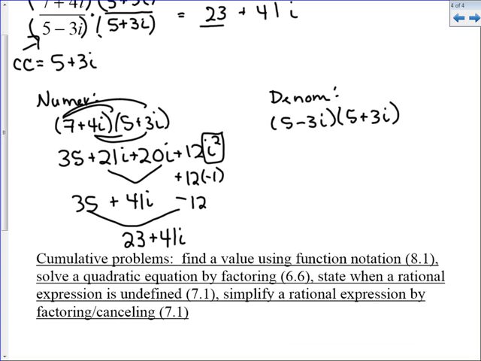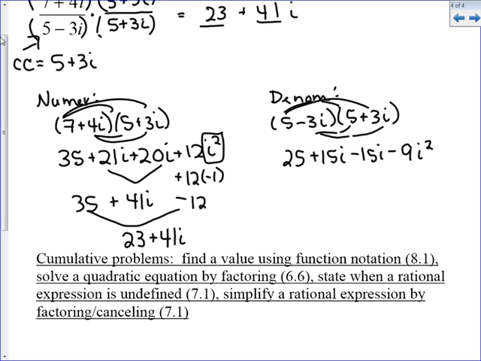Now I need to see what the denominator is going to be. And you should do the denominator for each of them. They'll be the same denominator, but do the denominator for each. So when I FOIL my denominator, I should see the middle two terms cancel, and the last term should get an i squared. So I have 25 plus 15i minus 15i minus 9i squared.